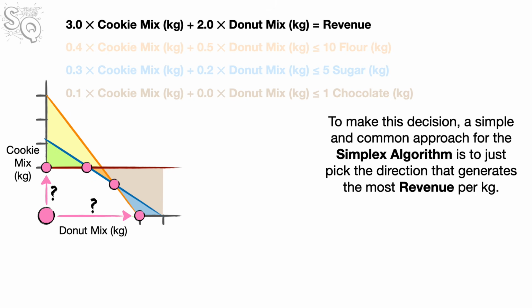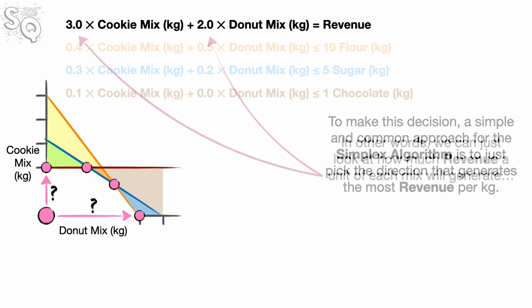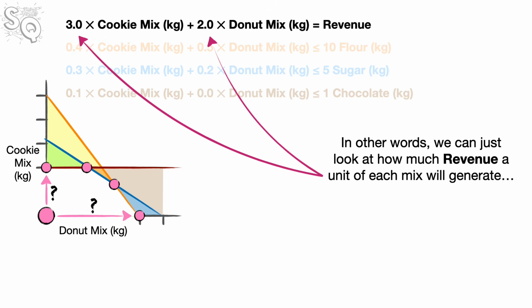To make this decision, a simple and common approach for the Simplex Algorithm is to just pick the direction that generates the most revenue per kilogram. In other words, we can just look at how much revenue a unit of each mix will generate, and pick the one with the larger value.